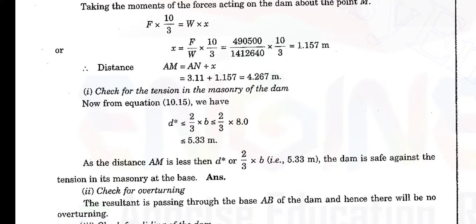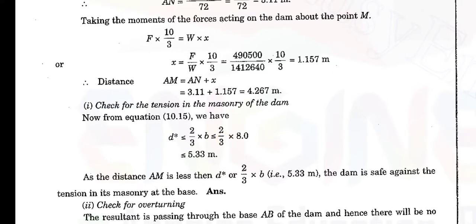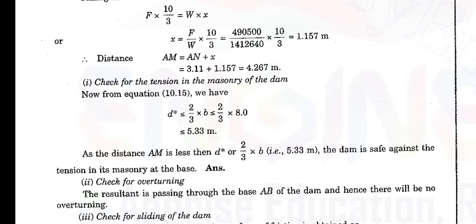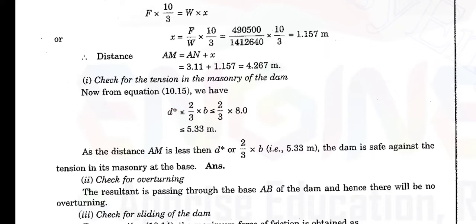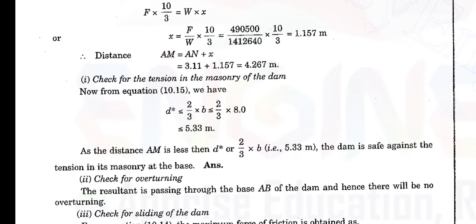Now the checks. The first check is the check for tension. For tension, the eccentricity, AM, should be less than or equal to B by 6.